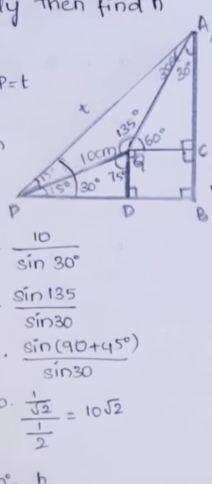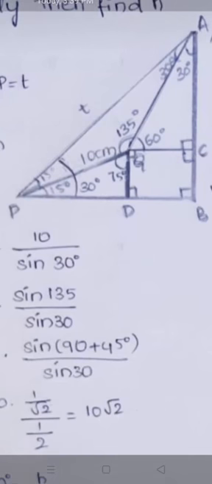90 is completed for this triangle, and the angle of elevation from P to Q is 15 degrees, given in the problem. So 90 plus 15 is equal to 105. So the remaining angle must be how much? 75 degrees. Now the angle of elevation from Q to A is 60 degrees.